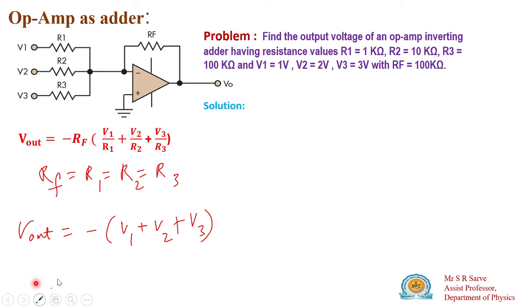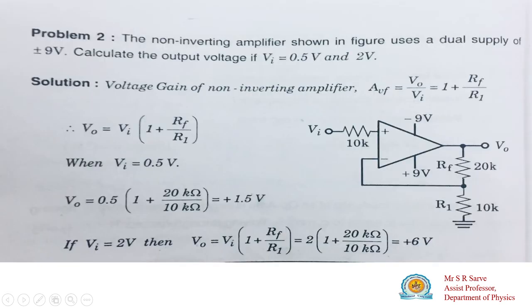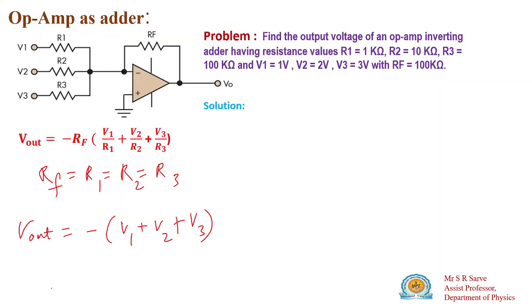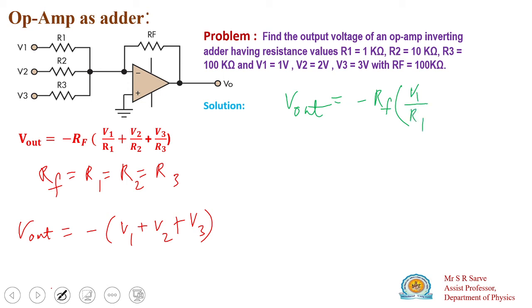Okay, we'll use a different color now. What is the output voltage? The equation for the output voltage is minus Rf times (V1 divided by R1 plus V2 divided by R2 plus V3 divided by R3).